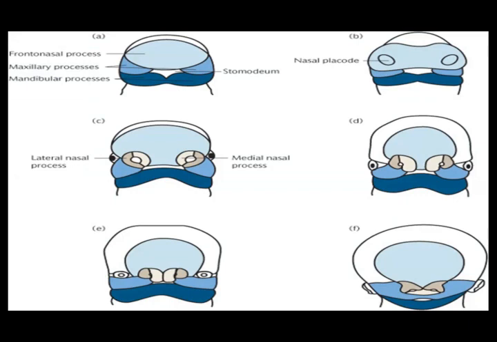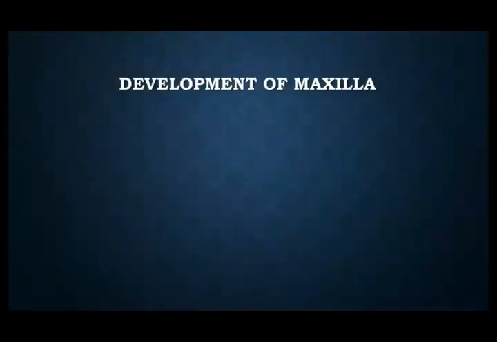This is just to show you how the different maxillary processes are involved in formation of the lateral part of the upper lip, and also how they form the different parts of the maxilla.